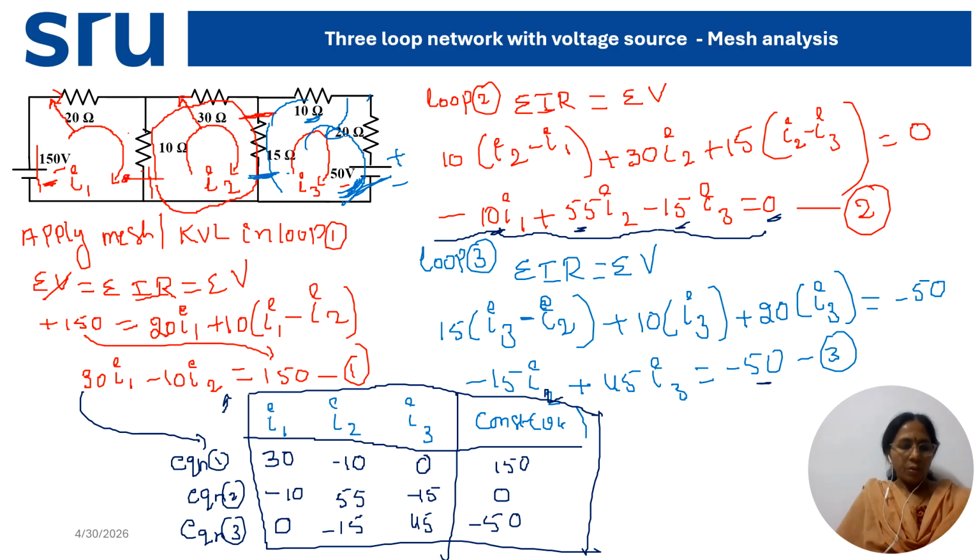Now, out of these options, our 3 equations are in the form AnX plus BnY plus CnZ equals the constant Dn, which means number 2. Here X, Y, Z are 3 unknown parameters.